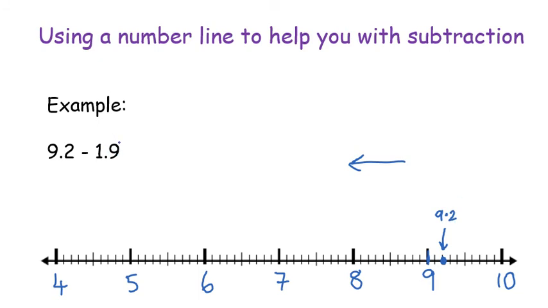So I can either subtract 2, then add on a tenth, or let's just exactly subtract 1.9 instead. So we're taking away, so we're going to be moving to the left of the number line. If I subtract 1 from 9.2, I'm going to end up at 8.2, which is here.